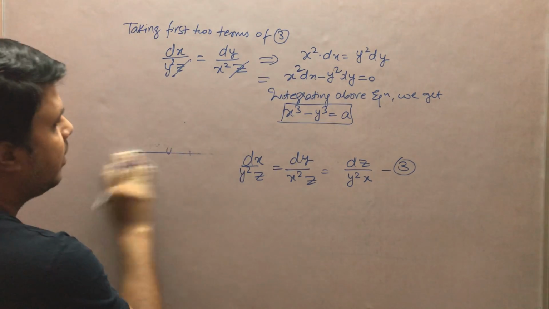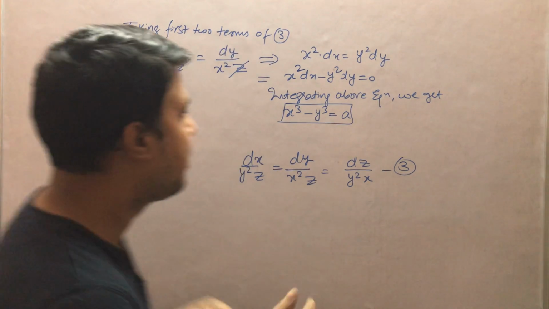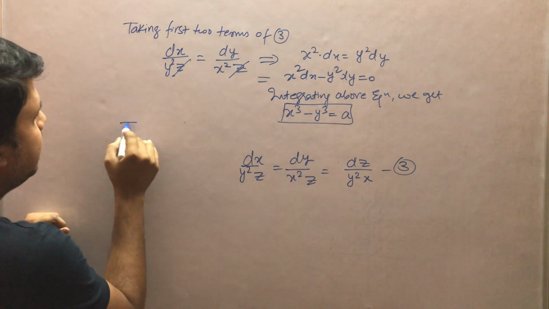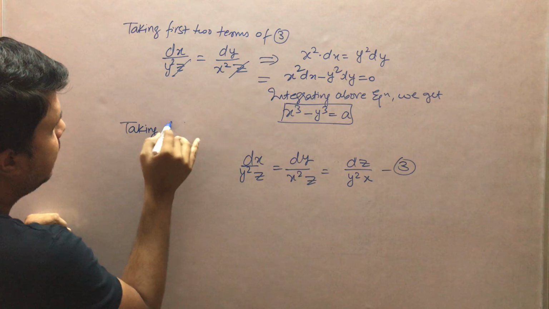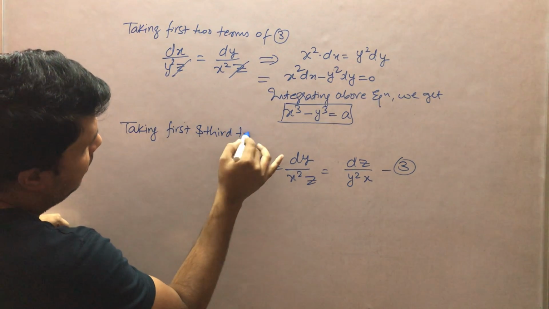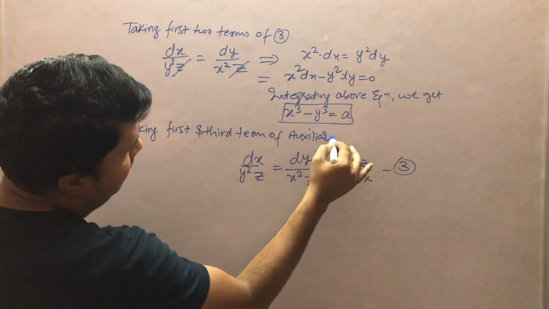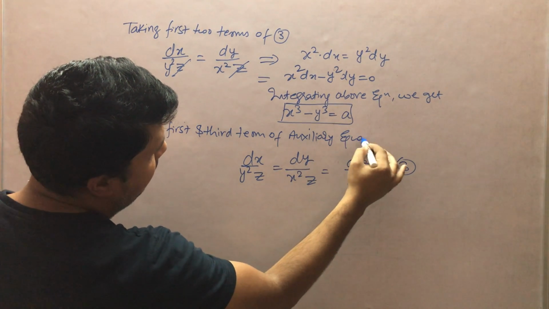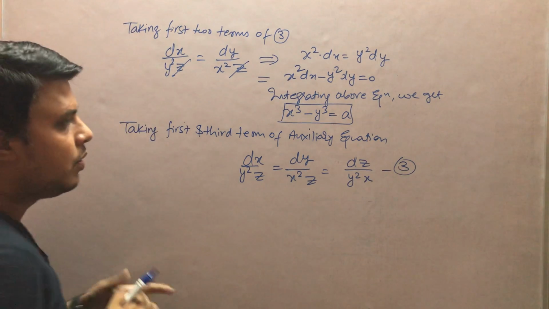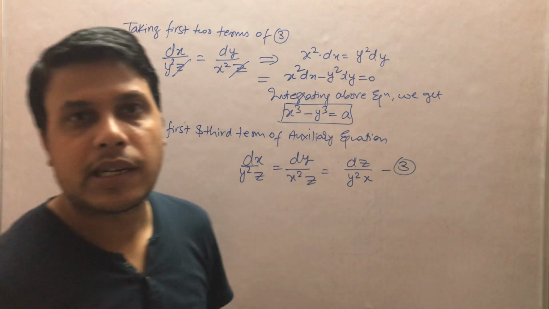And if I take the first and the third term, so I'm going to take the first and the third term. Why first and the third? Why not second and third?